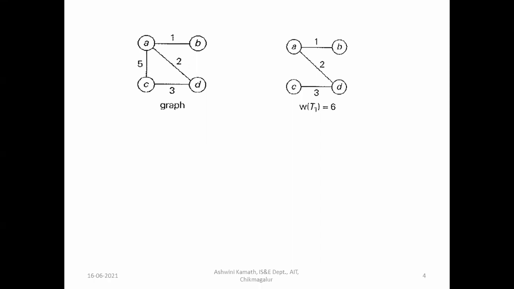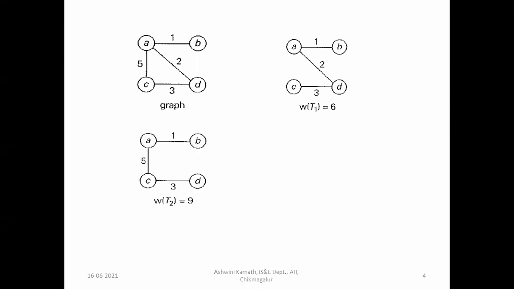We have removed only one edge, that is A to C. You can notice all the vertices are present and connected, and it is acyclic. It doesn't contain any cycle. A to B is 1, A to D is 2, and C to D is 3. Add all these weights: 1 plus 2 plus 3, it is 6. That will be the cost or weight of the spanning tree. So the weight of spanning tree T1 is equal to 6.